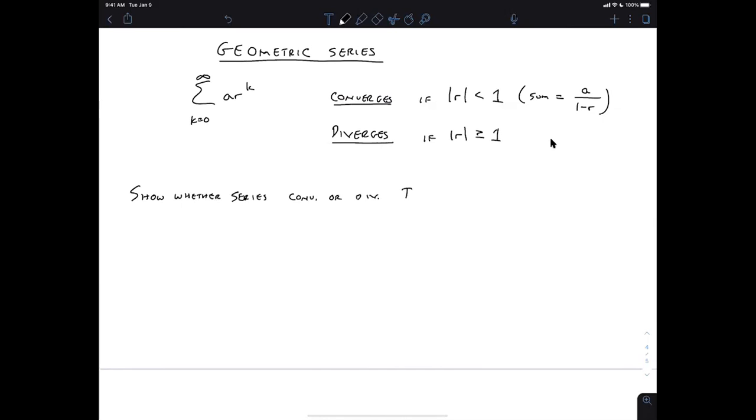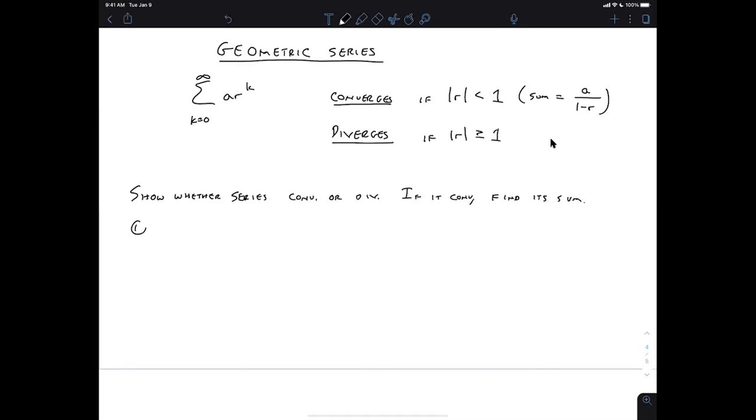And if it converges, find its sum. So this is just like the problems we were doing last week, where the problems are different, but the directions said, show whether the sequence converges or diverges. And if it converges, find its limit. Same idea here, just show whether the series converges or diverges. And if it converges, find its sum.